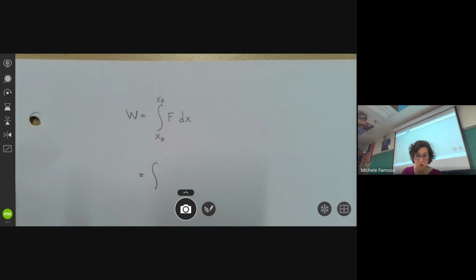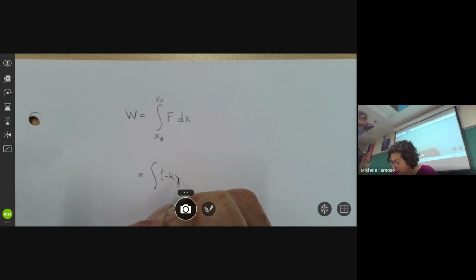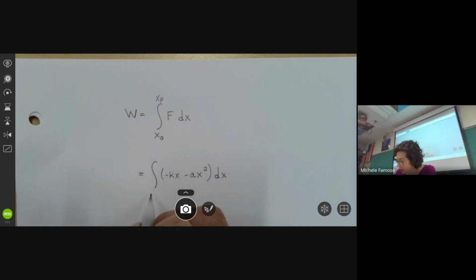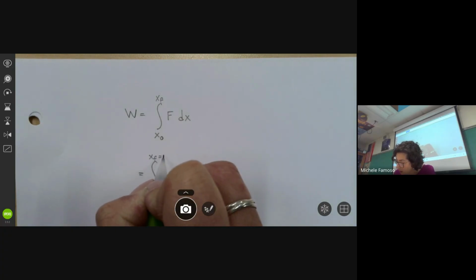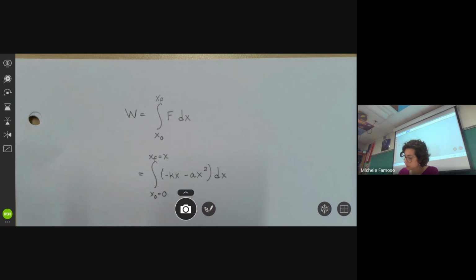I know that the force function in 27 is negative kx minus ax squared. And we're going to evaluate that between an initial position of 0 and a final position of x1.